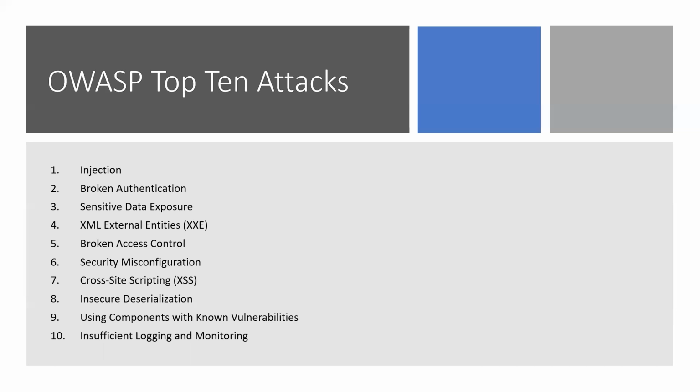Third is sensitive data exposure. This item refers to when attackers steal sensitive information such as passwords or personal information. You can help prevent these attacks by storing as little information as possible and by encrypting the information you do store. For fourth, we have XML external entities, or XXE.